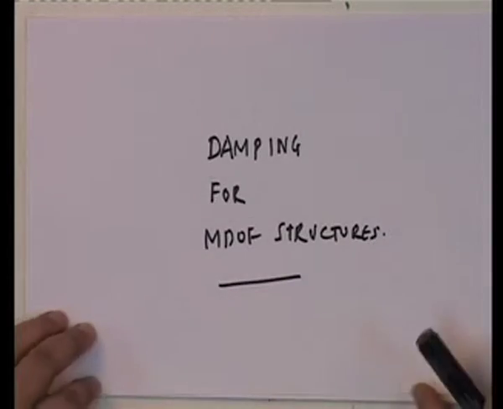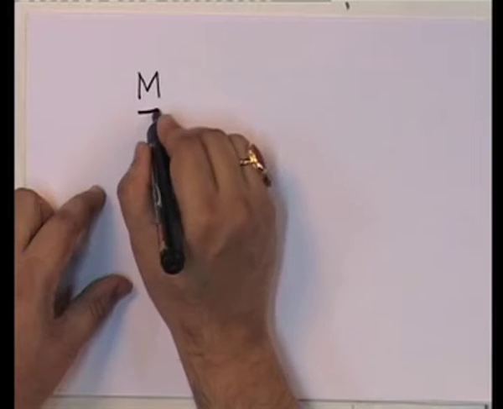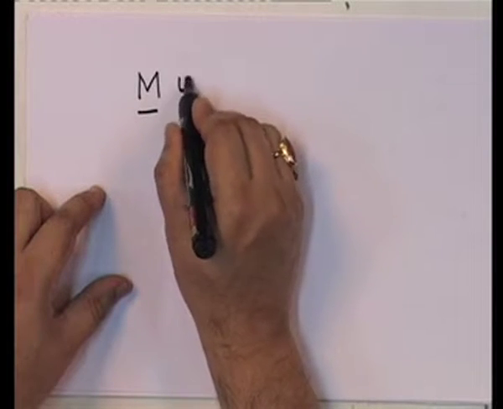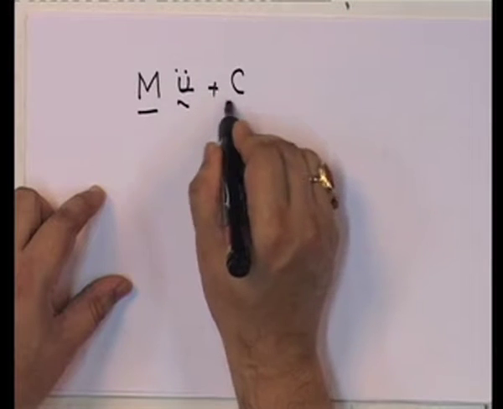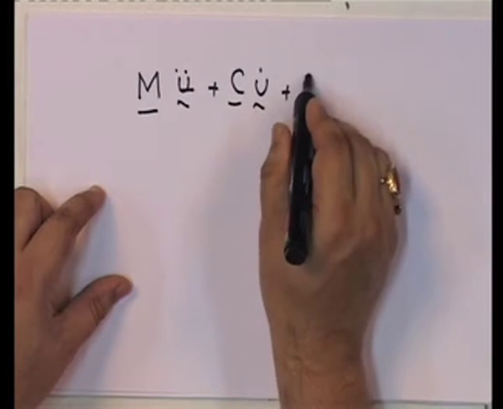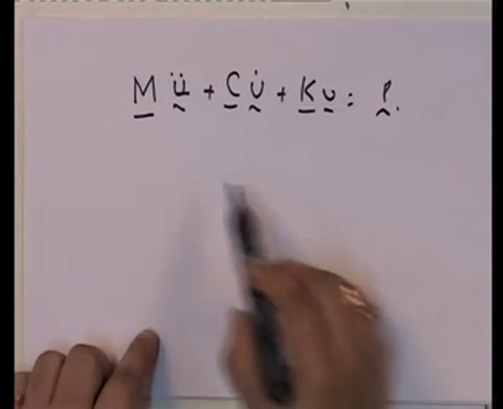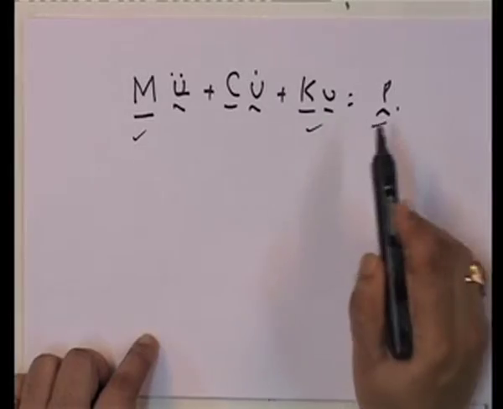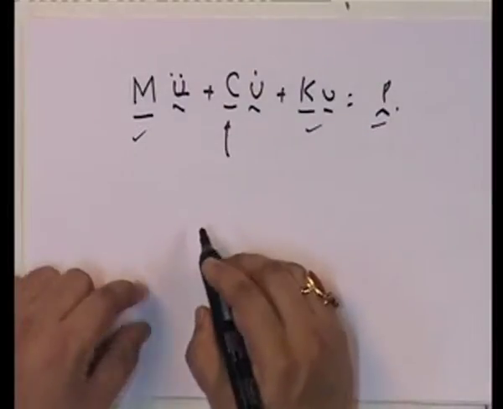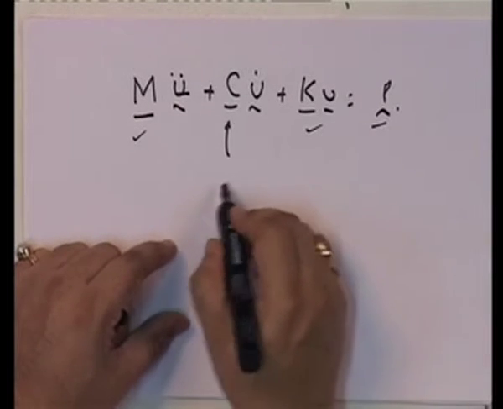We talked about the fact that if I include damping, you have a situation where the equation looks like this. By now, the mass and stiffness are something that we know how to get. Today, in this lecture, I am going to concentrate on the damping term.